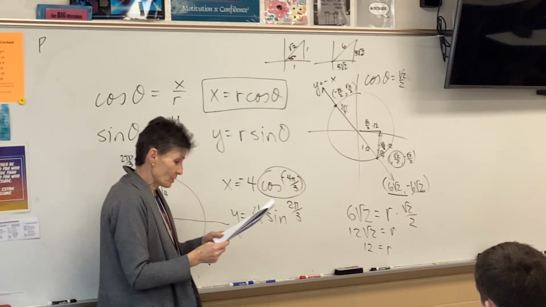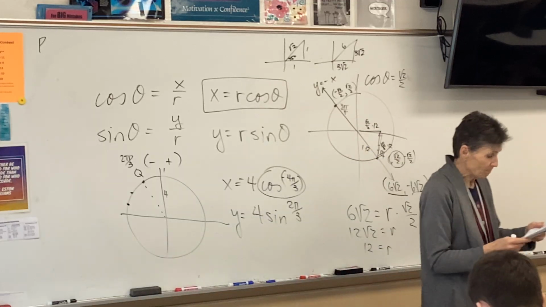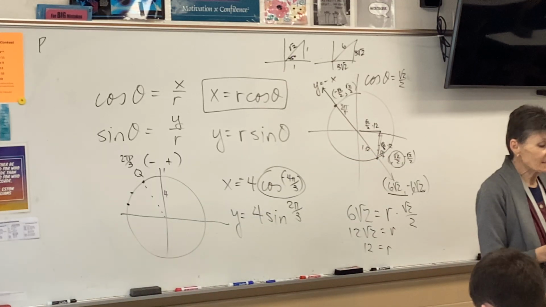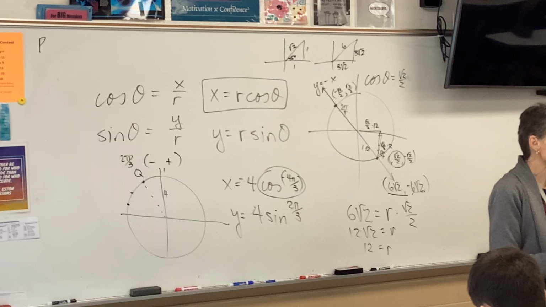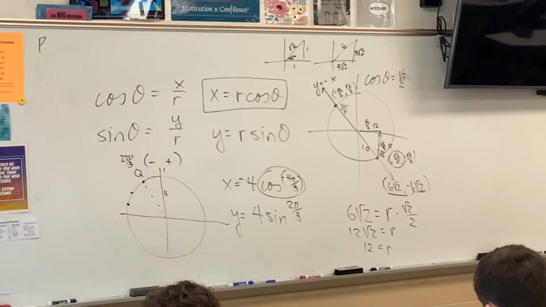All right, speaking of unit circles, here we go. Find the values of the following. Example 3. This is a unit circle, therefore cosine will be x, sine will be y. So here we go. Cosine 0 is 1. Sine 0, 0.